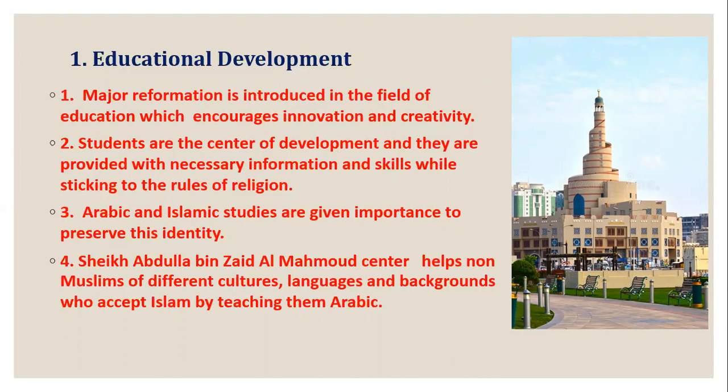The first one is that students are considered the center of development, and the students are provided with all the necessary skills and information which will help them to develop and also help them to preserve the Arab Islamic identity. Arabic and Islamic studies are given prime importance to preserve this identity.